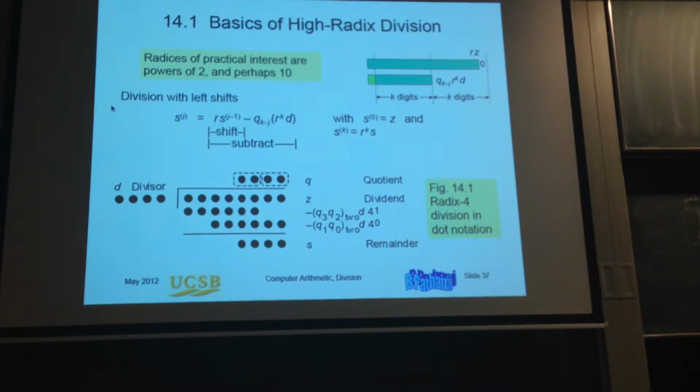Then we don't do that. We have to find another way. But the principle is very much the same. I'm shifting a number of bits depending on the radix. The higher the radix, the more bits I shift. The higher the radix, the more complicated the guess for the quotient digits.